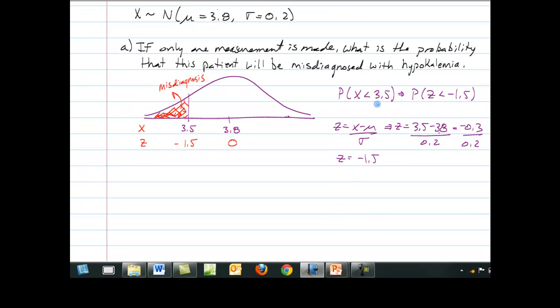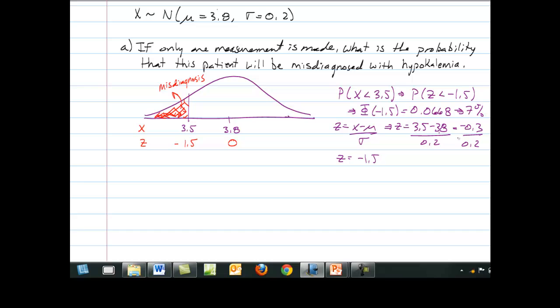To figure out what this equals, remember our normal tables give us the area to the left of a particular point, so I look up negative 1.5 in my table and I get 0.0668. So that's about 7%, or 6.68%.